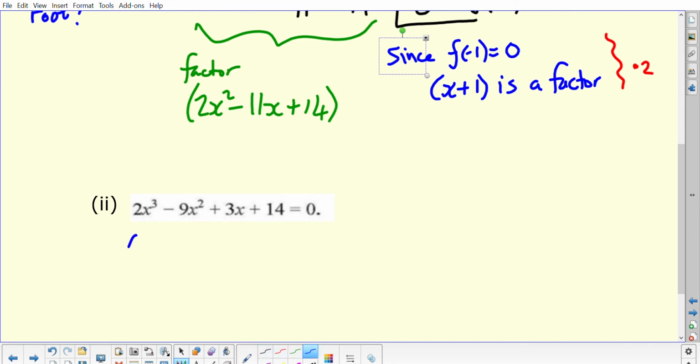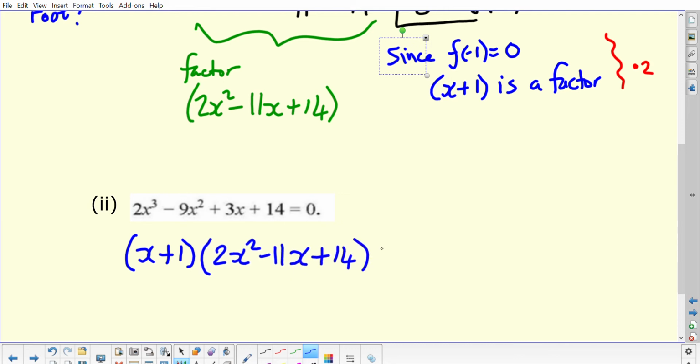This is where you make use of your factorised form to do this. So we know that we can rewrite this cubic expression as x plus 1 times 2x squared minus 11x plus 14 equal to 0, and then you'd be having to factorise your 2x squared, and remember that a 2x squared means you're going to have a 2x and an x.